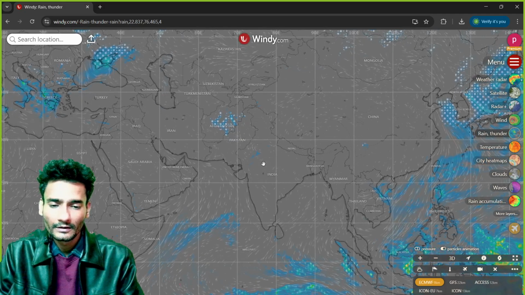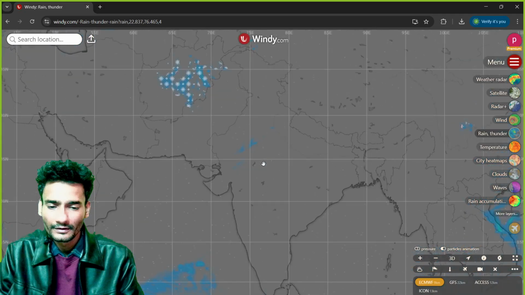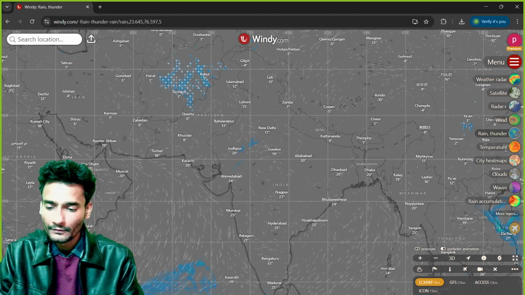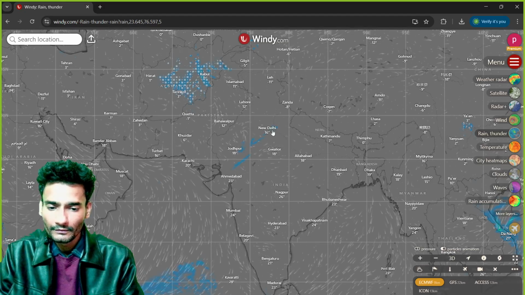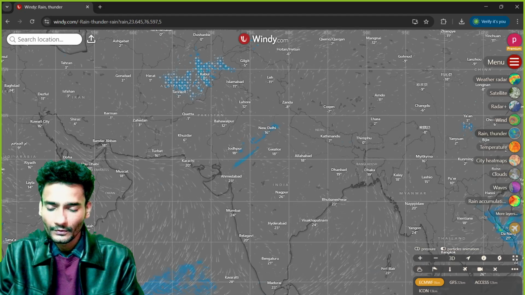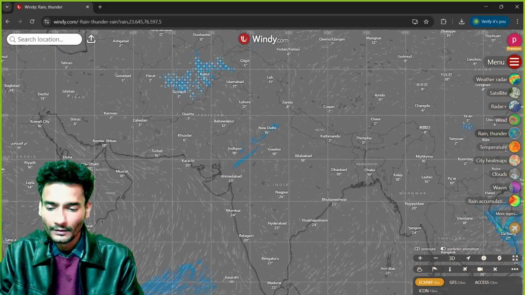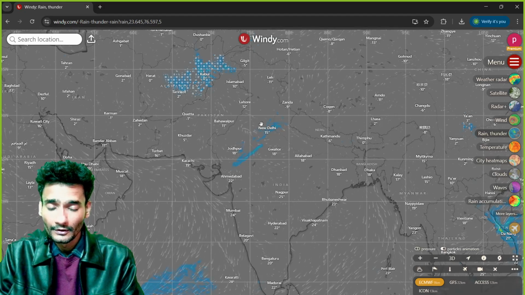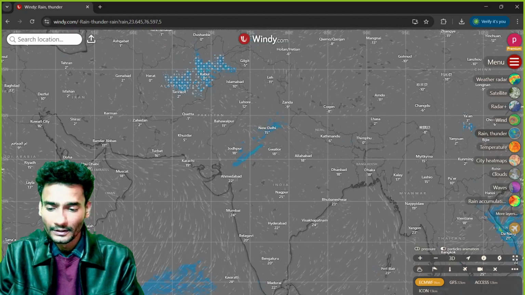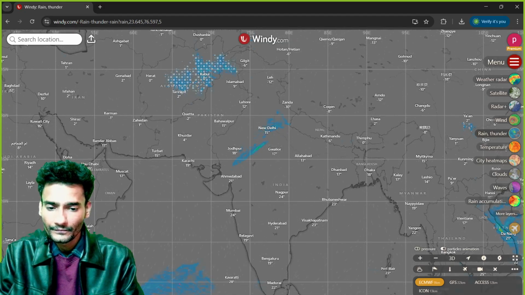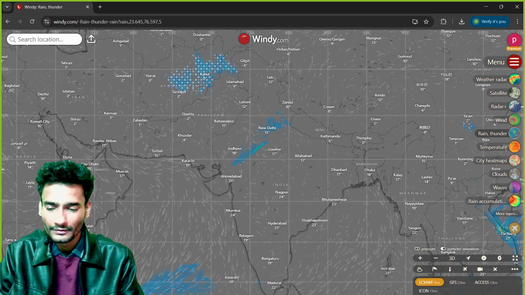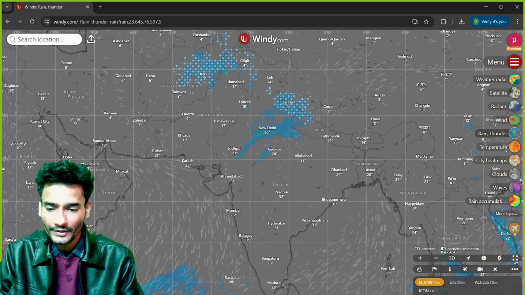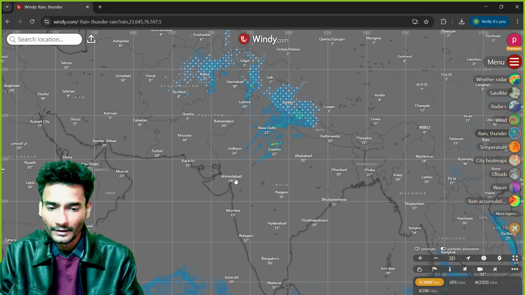So currently, slight rainfall is simulated by the ECMWF, and if we allow it to move freely, we can see that from around midnight, the rainfall is likely to intensify over the Delhi NCR, and this structure of rainfall will likely intensify as well as stretch over the Delhi NCR region.